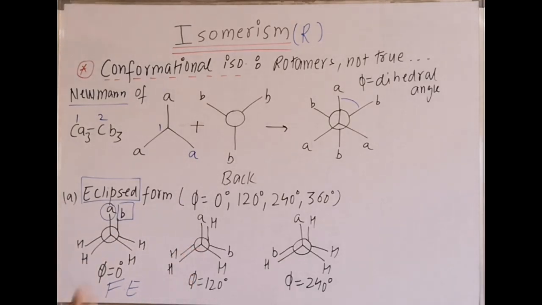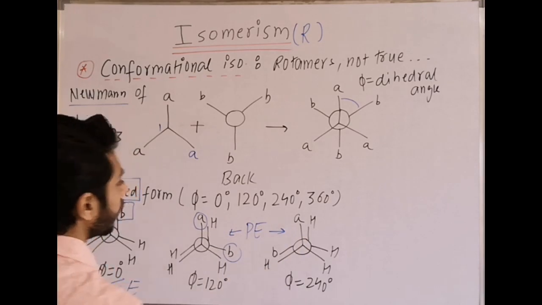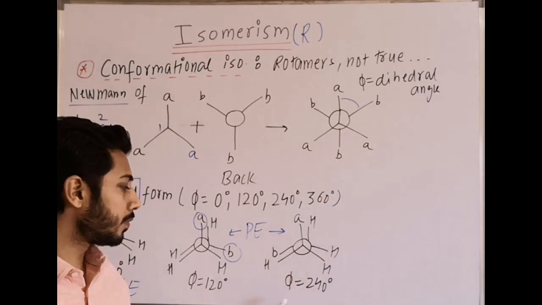When we rotate it, suppose by 120 degree, again eclipsing takes place, but this time in front of A there is hydrogen, and in front of B there is a small group which is hydrogen. So in eclipsed form it is partially eclipsed. Similarly, if we further rotate by 120, overall it becomes 240.